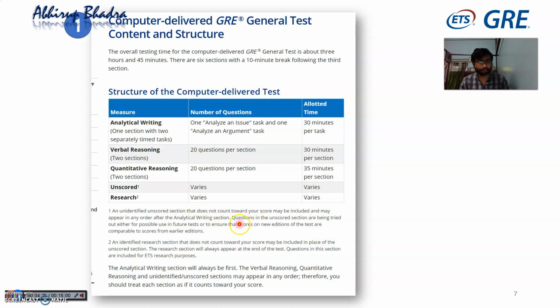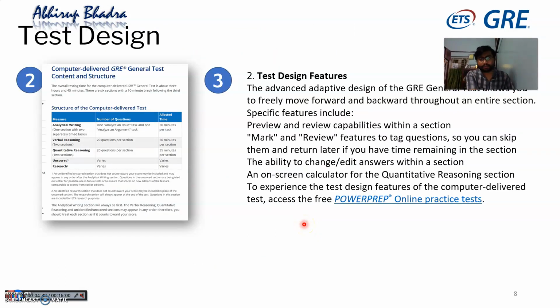They come after the analytical writing section. Questions in the unscored section are being tried out either for possible use in future tests or to ensure the scores of new editions of the test are comparable to the scores of earlier editions.